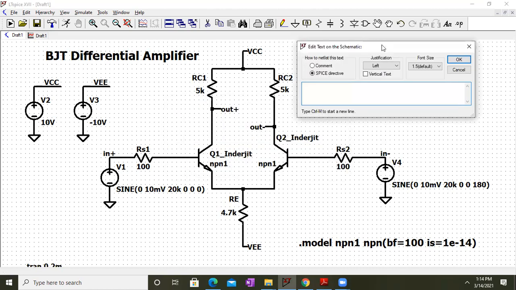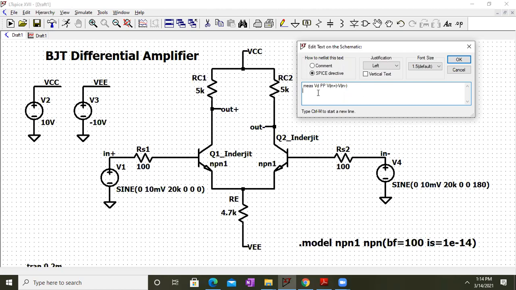So we'll write the .meas statement. We are calculating the differential voltage, right? So VD will be given by the peak to peak value. Basically, it will be V(in+) minus V(in-).